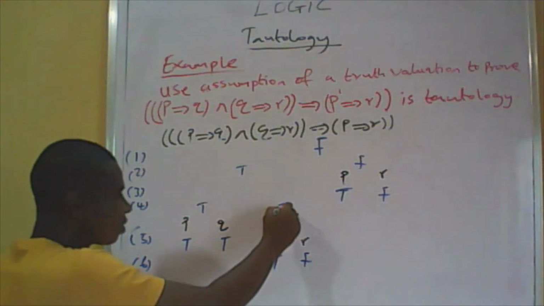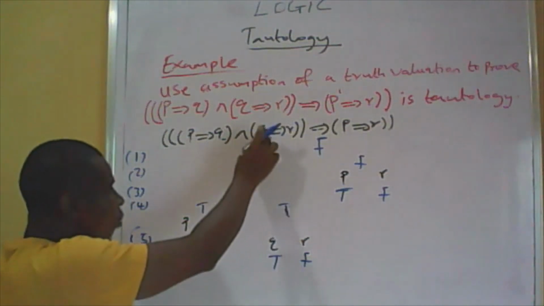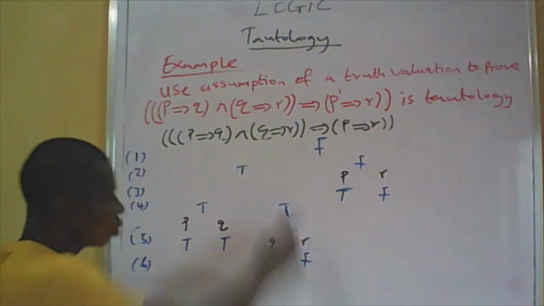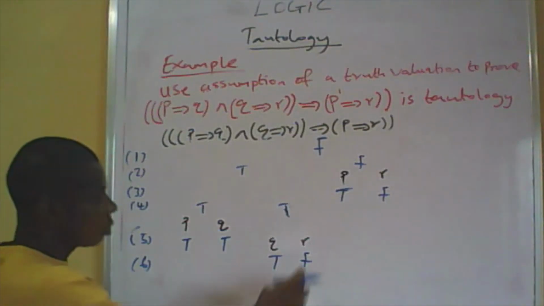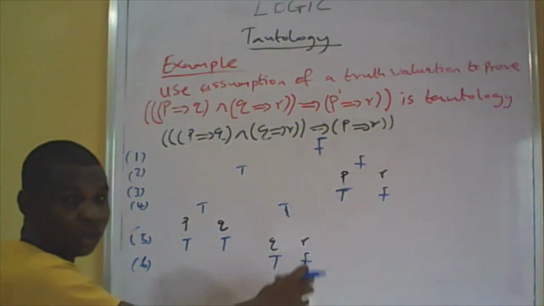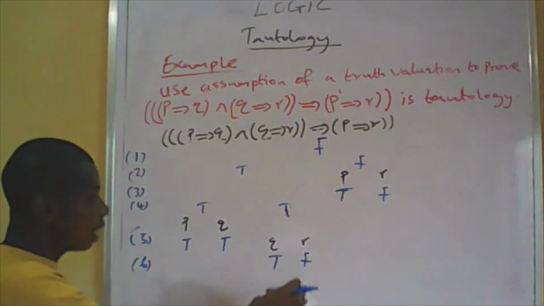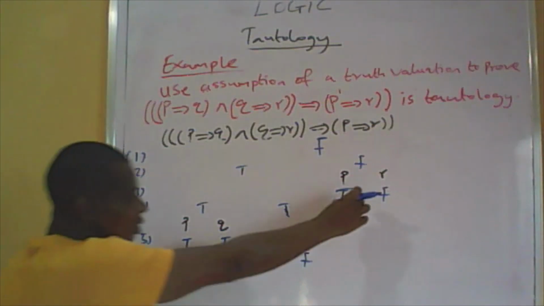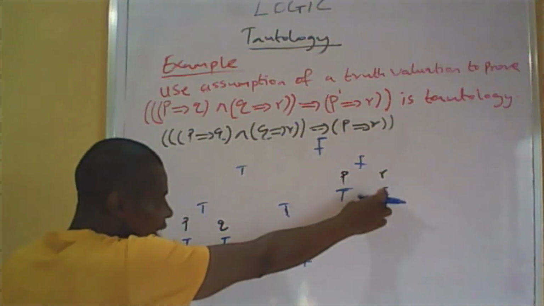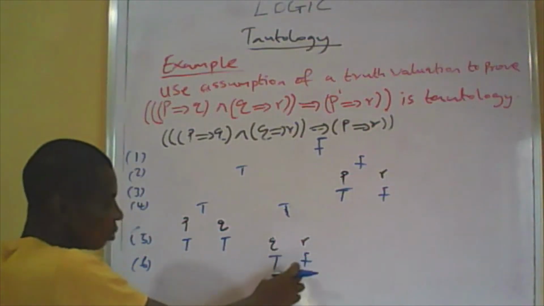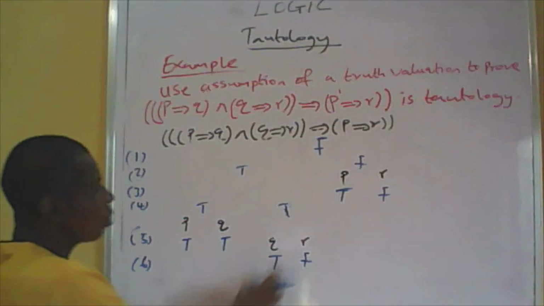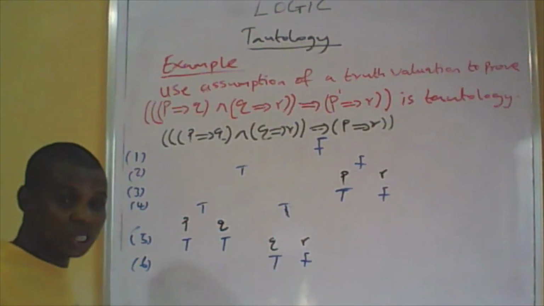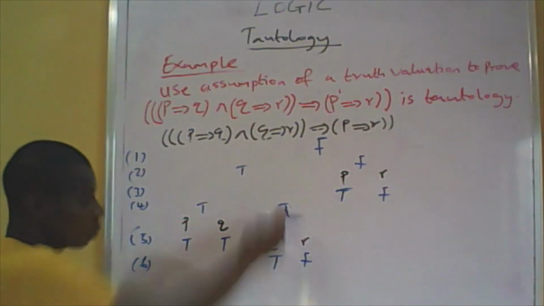Here we say that Q implies R is true, but based on our combination of truth values of statements, we find out that R is false here and Q is true here, but it is T. So that is a contradiction.